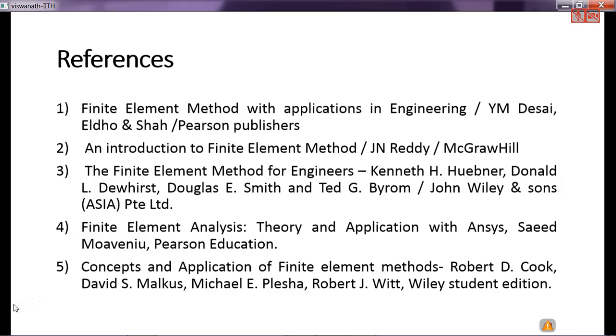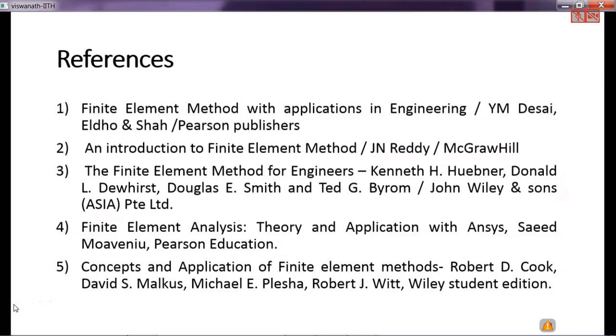Then Finite Element Methods for Engineers by Kenneth Huebner, Donald Dewhirst, Douglas Smith, and Byrom, John Wiley and Sons. The fourth one is Finite Element Analysis: Theory and Applications with ANSYS by Saeed Moaveni, with Pearson Education.